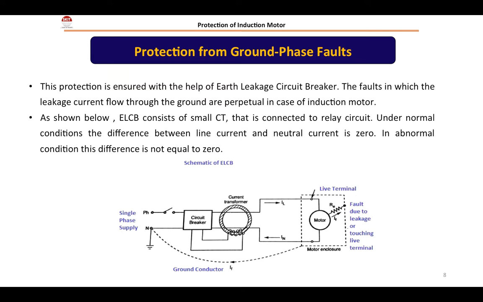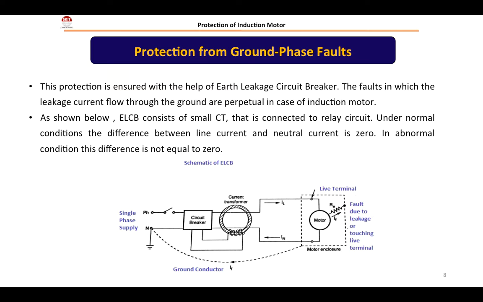The unbalance in current is detected by the CT and the relay coil is energized, which will give a tripping signal to the circuit breaker. This method of providing earth fault protection is called core balance type protection or zero sequence current transformer protection.